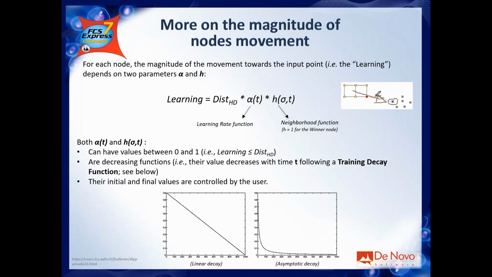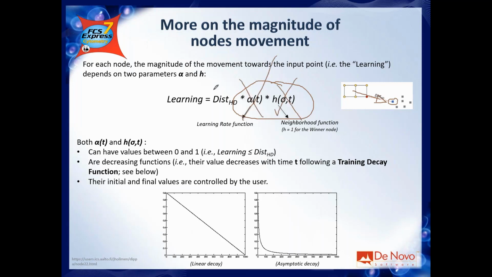At every cycle, alpha and h decrease. The idea is that the movement of your grid, the learning, decreases at every cycle. So your grid is getting less flexible and more stable, in other words. Also, you don't want to move the grid ad infinitum. At some point the movement will be 0.